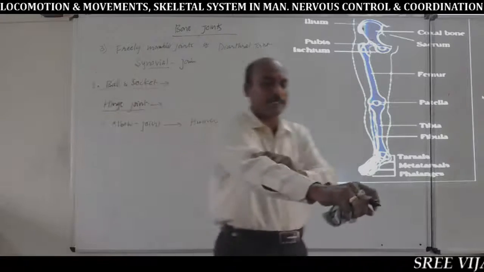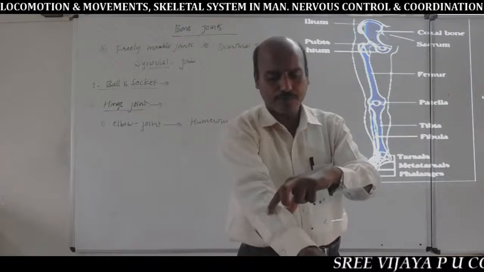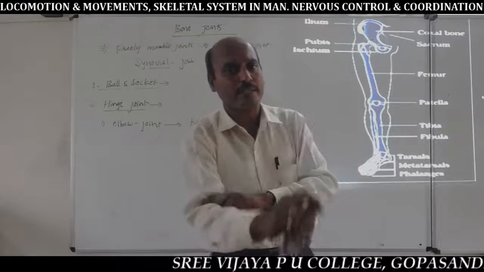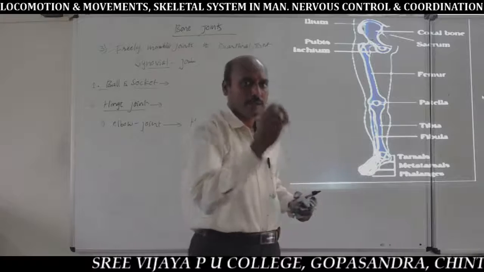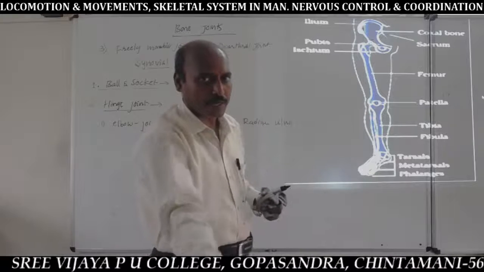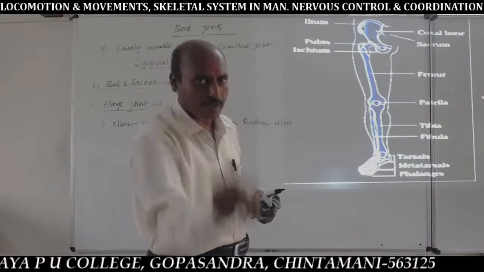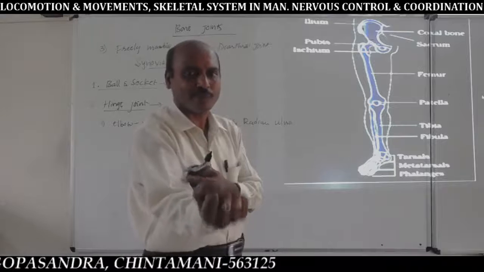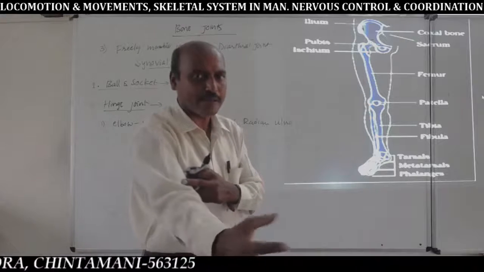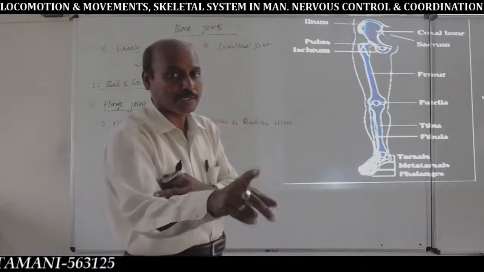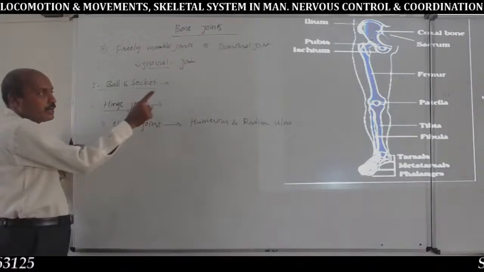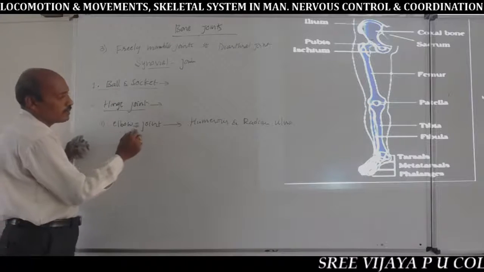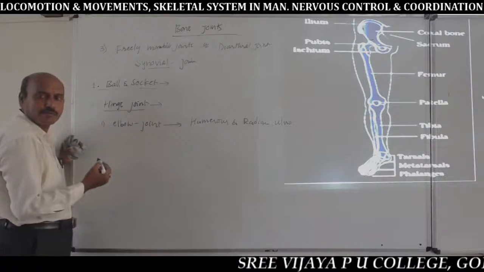Say, the joint present between humerus bone and radius ulna bone, this is the elbow joint, one type of a hinge joint. You should remember this statement. In this hinge joint, whenever our arm, our forelimb, our hand shows the movement only in this direction, never in multiple directions, because this is a type of hinge joint showing one plane or one axis of movement. So that elbow joint is one example of hinge joint.